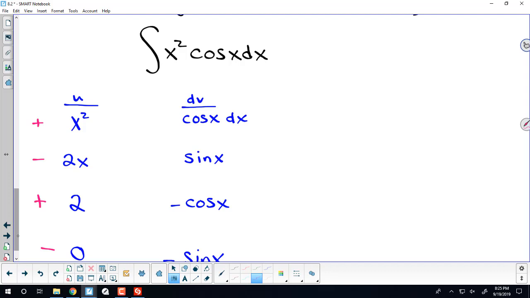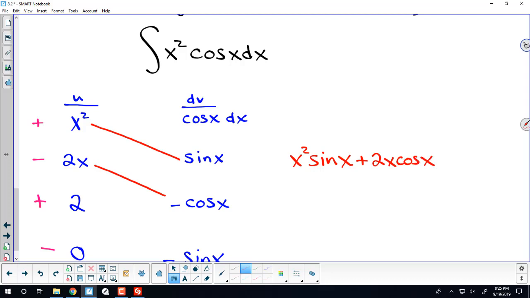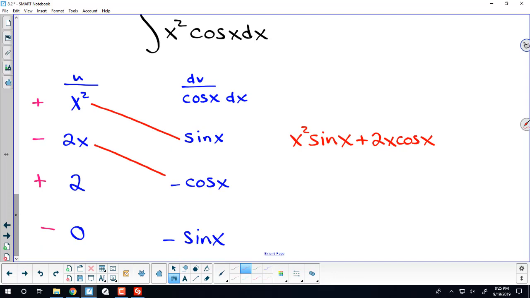And then we look crossways. So cross, we have x squared times sine x. Cross again, we have a minus 2x times minus cosine x. The bottom one would be a positive sine x, but no. The antiderivative of cosine is sine, but the antiderivative of negative cosine is negative sine.